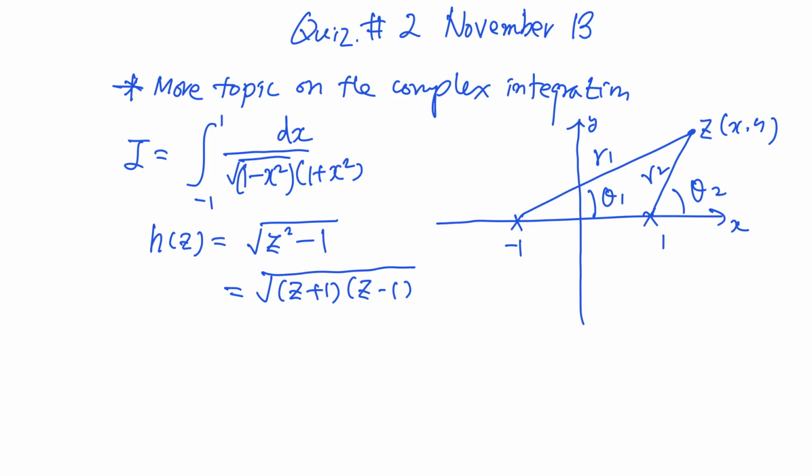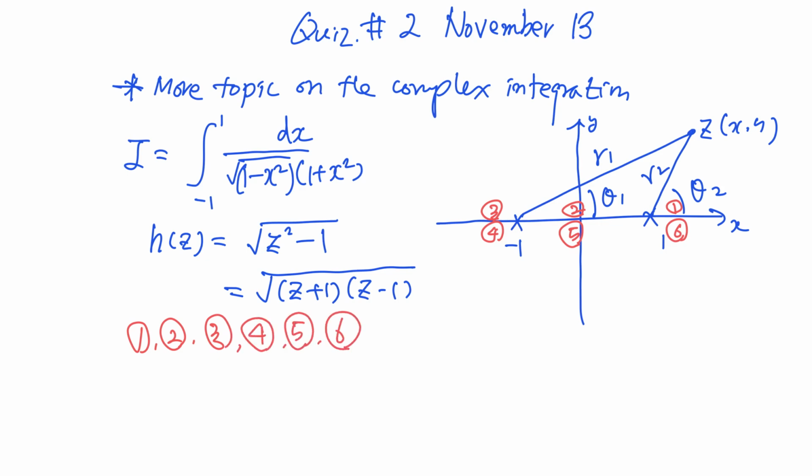And I'm going to consider 6 points. Point 1, 2, 3, 4, 5, 6, either just on the x-axis or just below x-axis.